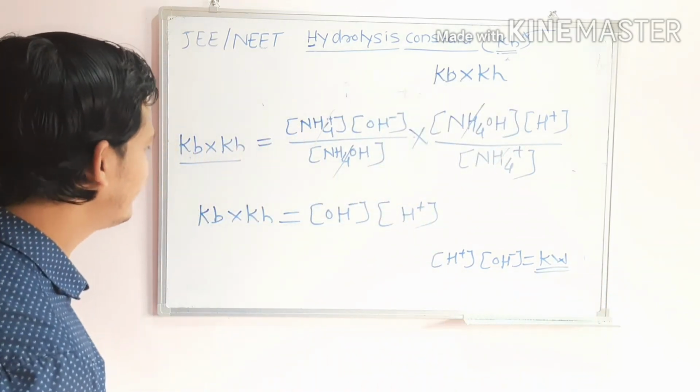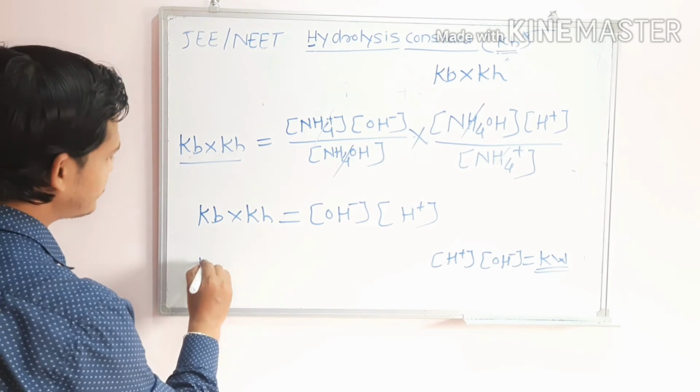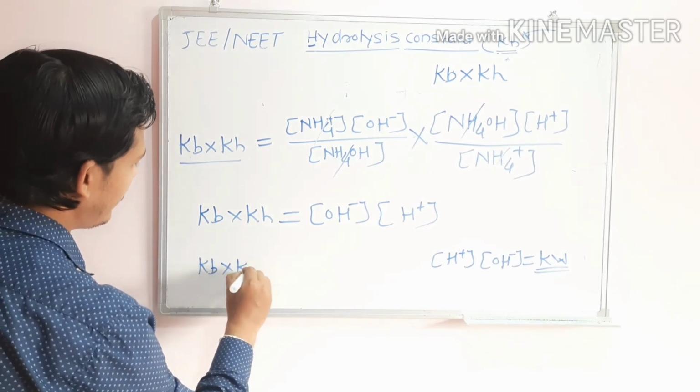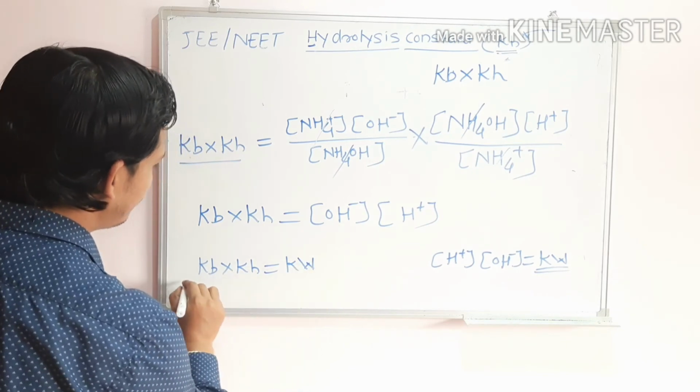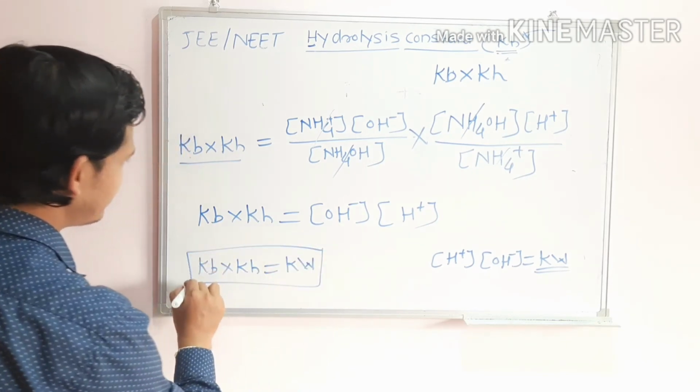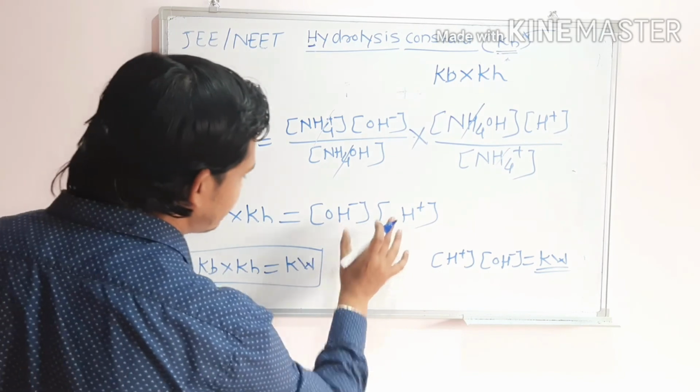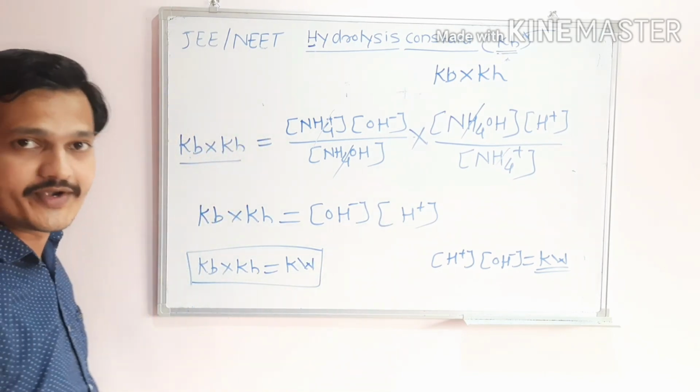So our next equation is KB into KH is equal to KW, because this is the ionic product of water.